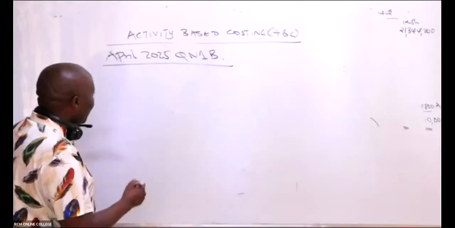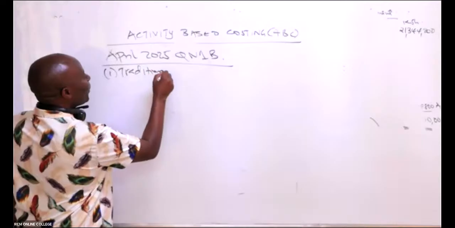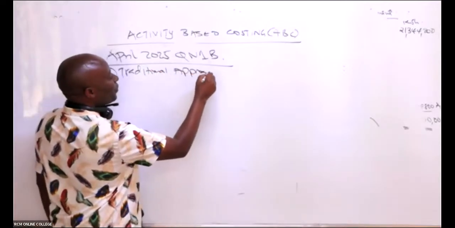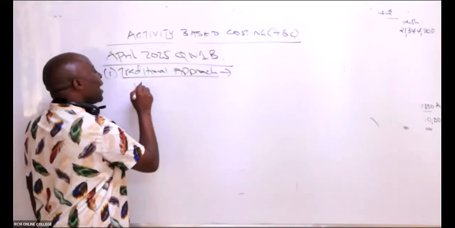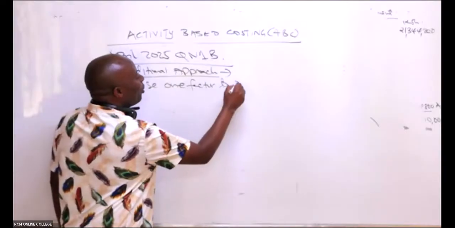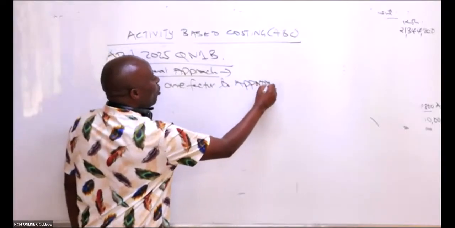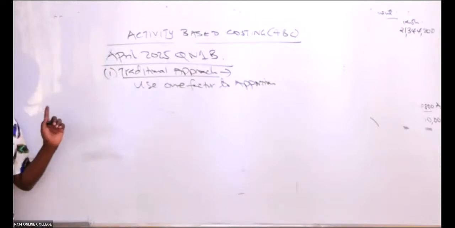So number 1 is a traditional approach, because they have asked us to use one factor to apportion.